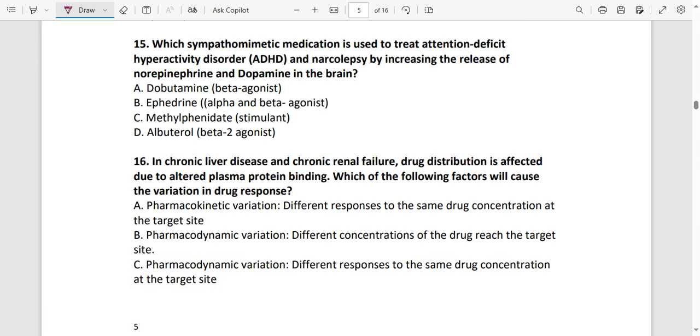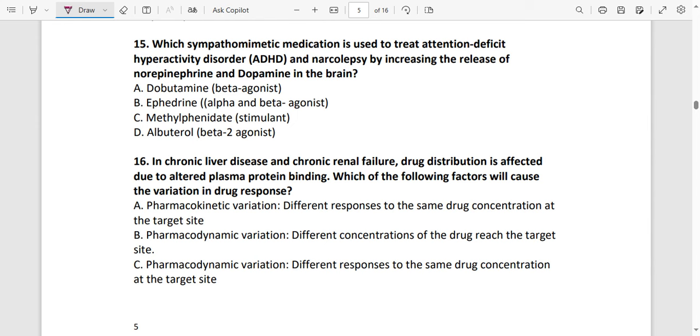Okay, so remember this guy is a stimulant. Methylphenidate works this way: when we were discussing insomnia and anxiety, there are some neurotransmitters that are decreased.